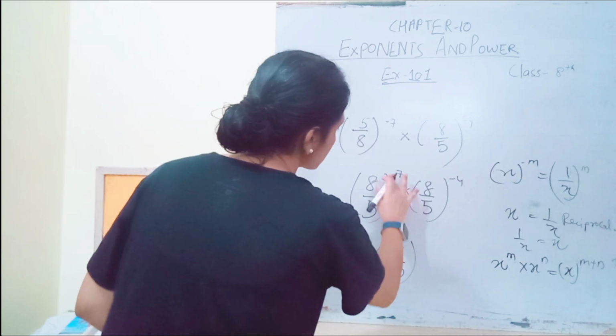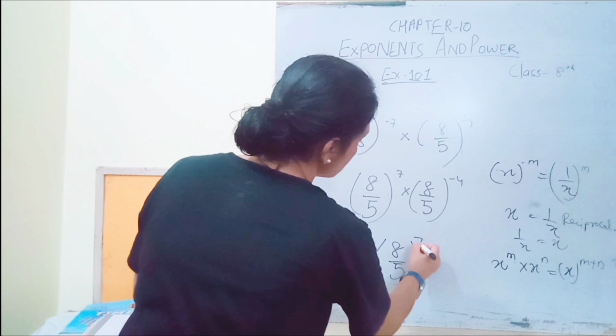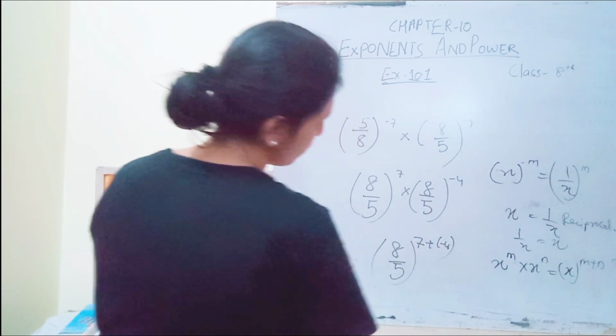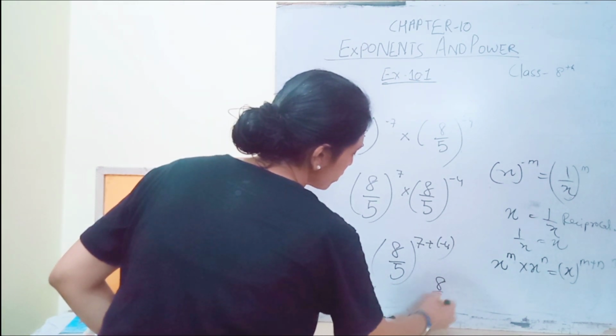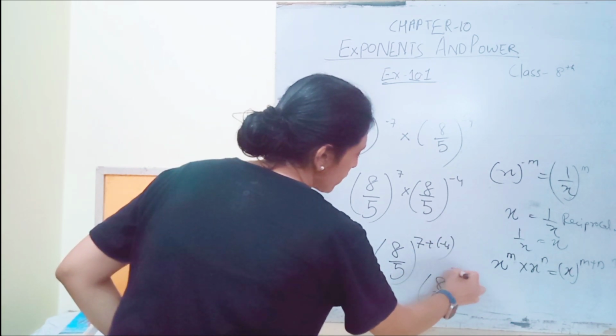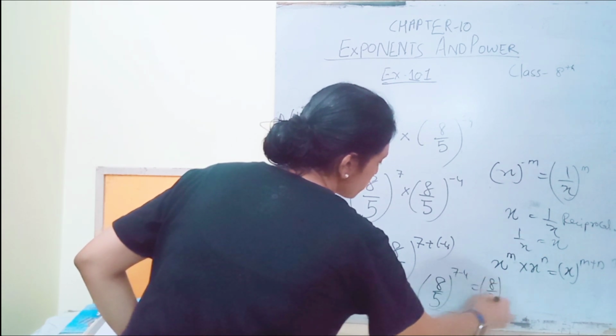Okay, this will become 7 and this is plus minus 4. Okay, now 8 upon 5, 7 plus minus, so 7 minus 4, that is 8 upon 5 raised to power 3.